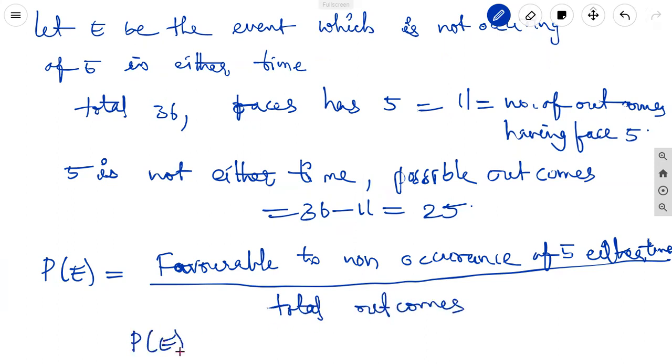So P of E equal to 25 by 36. It is the first case. What is the second case?